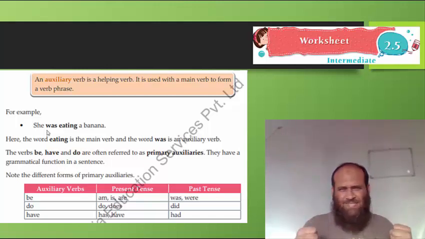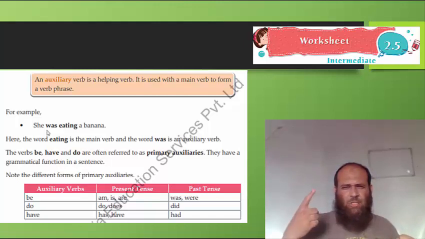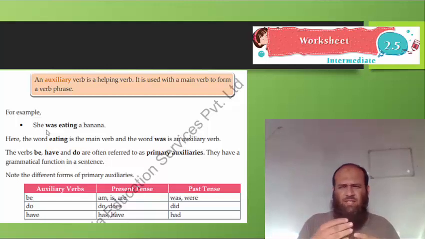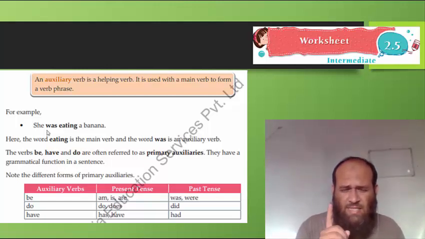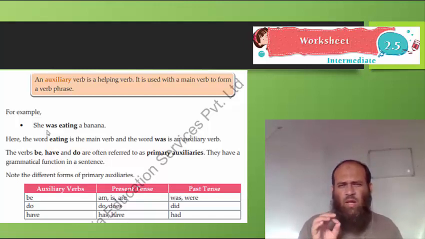Do has three forms: do and does for present, and did in the past. The same goes for have: have and has for present, had in the past.